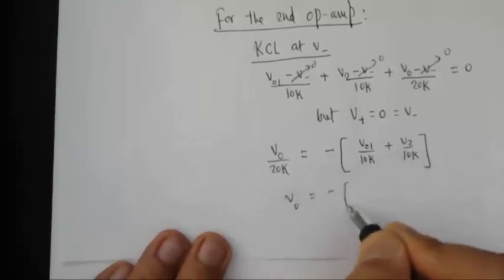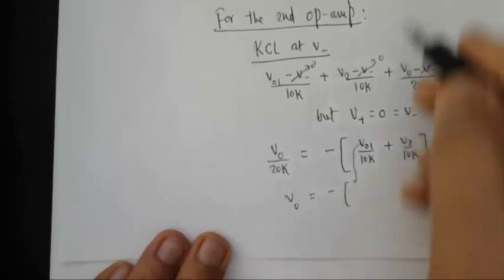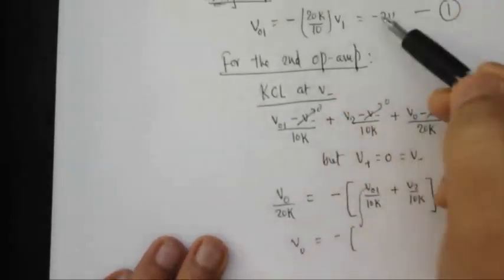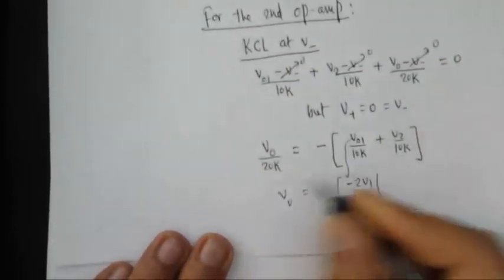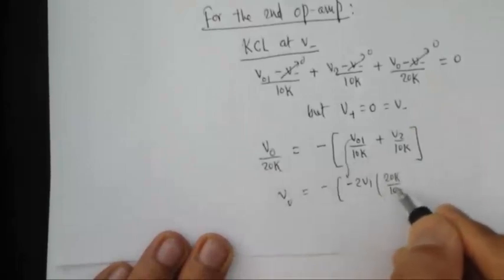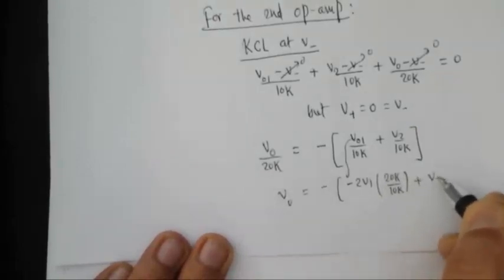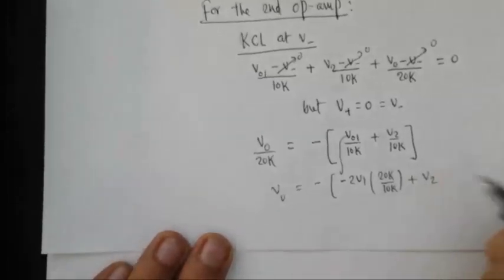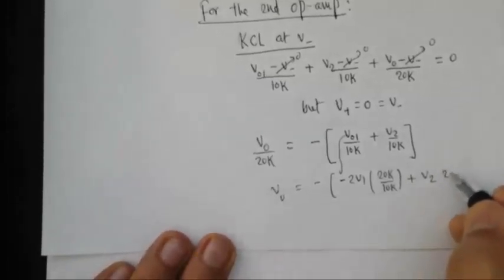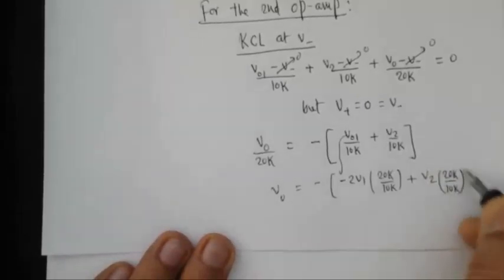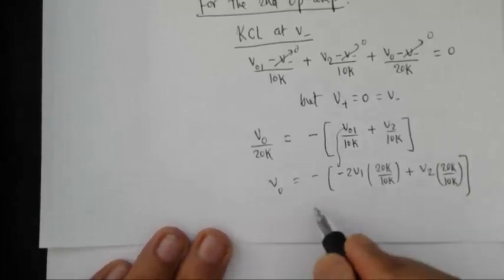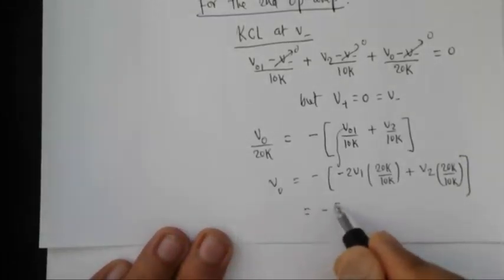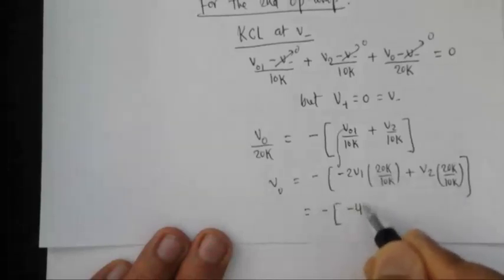VO1 is from equation number 1, negative 2 V1, so negative 2 V1 times 20k divided by 10k, plus V2, just keep it as V2, times 20k over 10k. Okay, that's going to be your final answer. If you want to simplify, this is negative 4 V1 plus 2 V2.